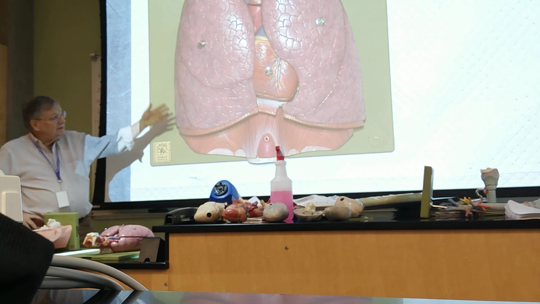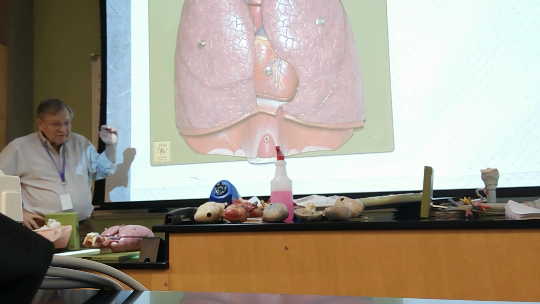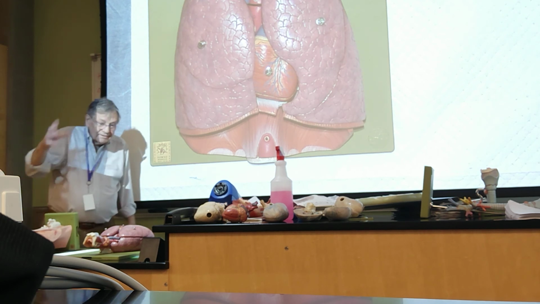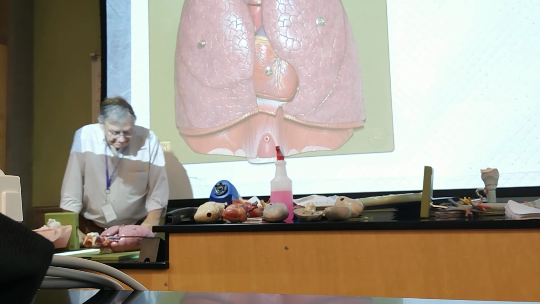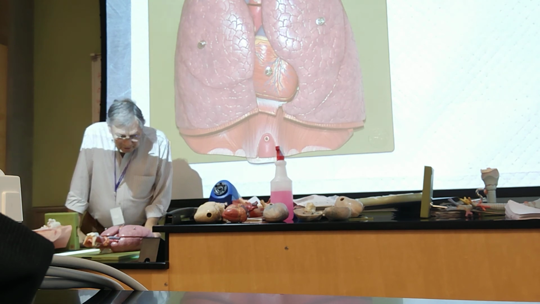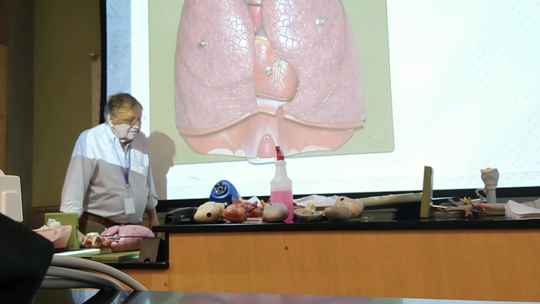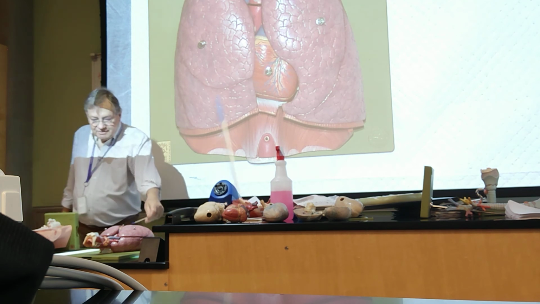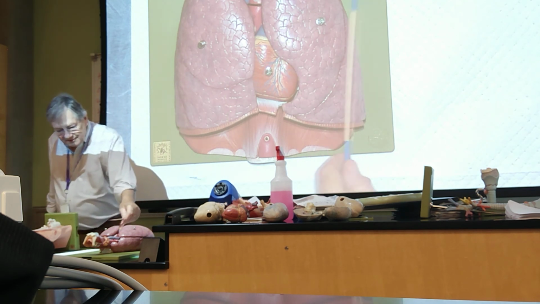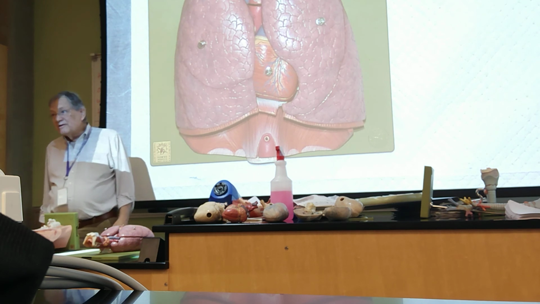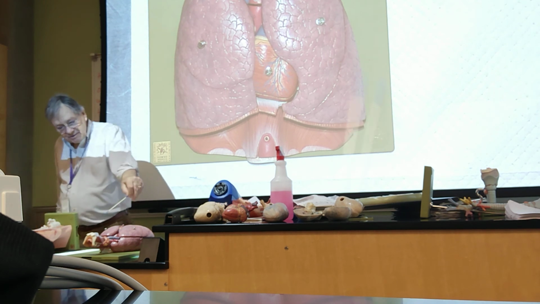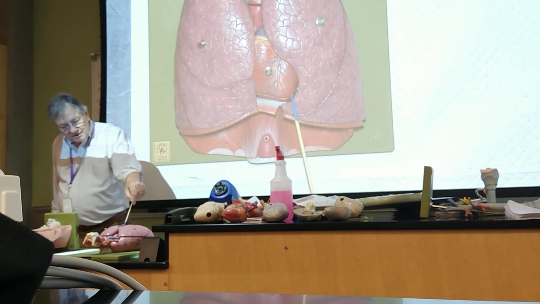So we have lungs, and they have lobes, parts, divisions. Your right lung, okay? So this is right. This is left. One way you can hopefully remember: the left has a kind of groove.